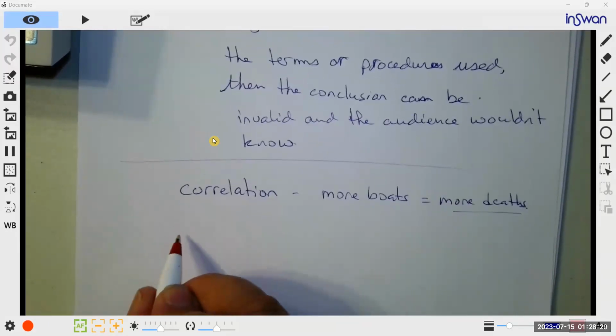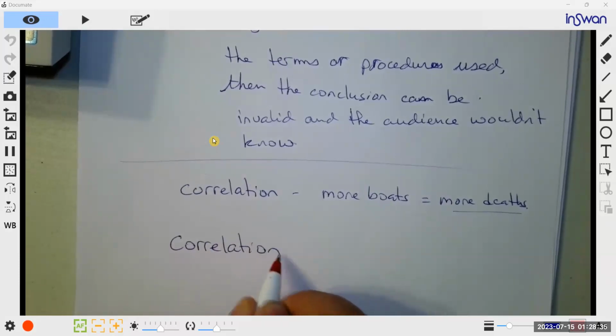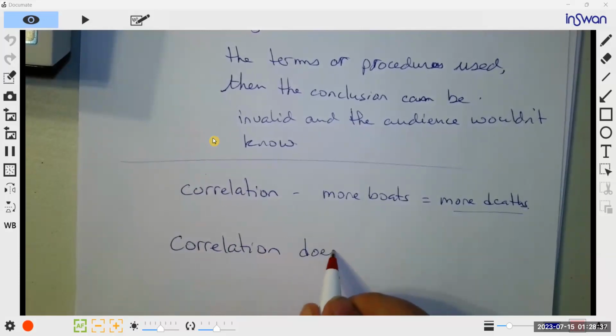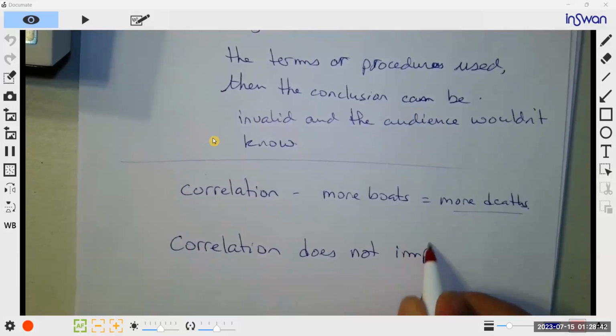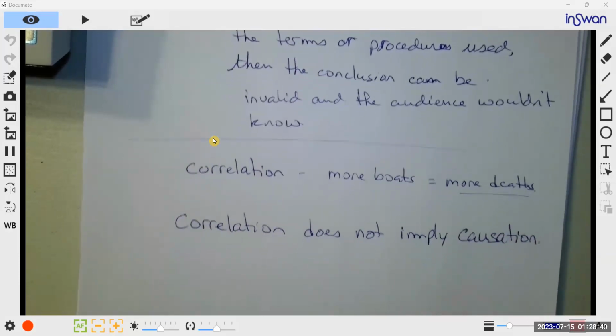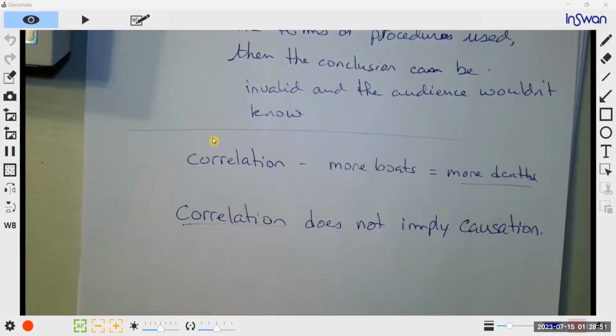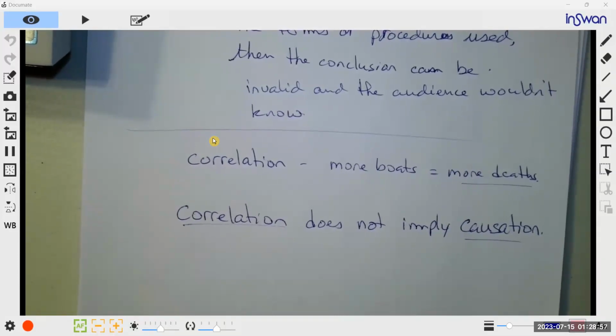There's a rule of thumb that says correlation does not imply causation. Just because two events may be related, it doesn't mean one is the cause. So correlation does not imply causation.